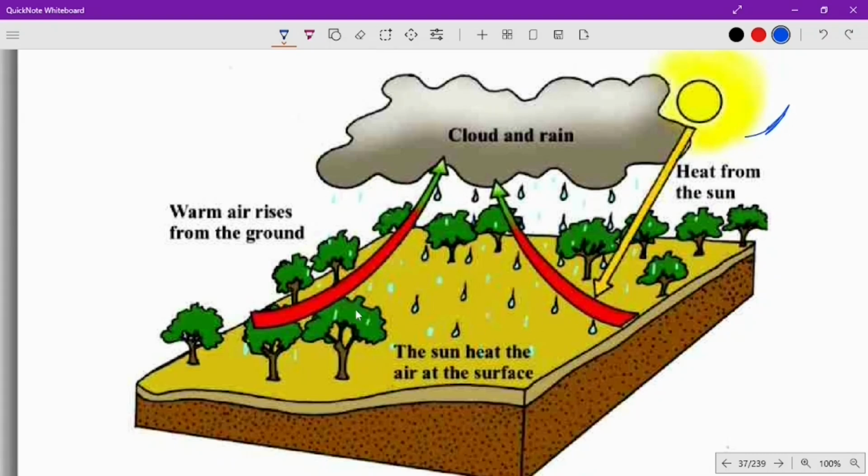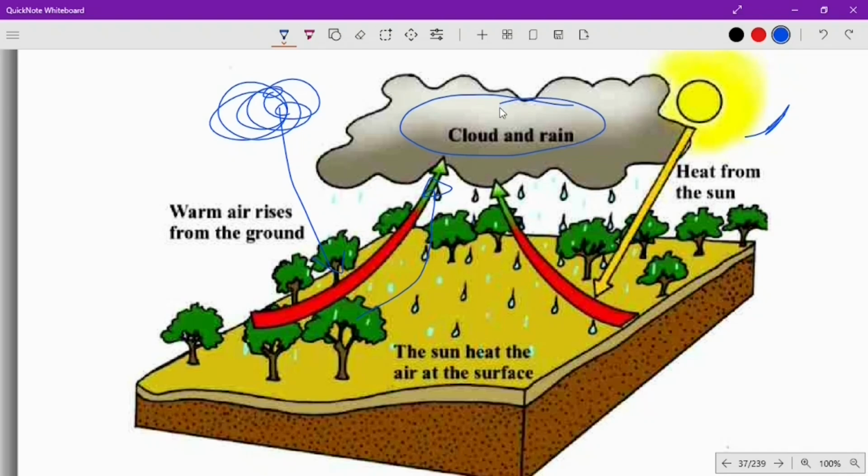When it hits the ground, all the air next to the ground becomes moist from evaporation and evapotranspiration. Now, since the air in the sky is cold, it will fall down, displace the warm air, which rises, and then condensation takes place. The clouds are formed, and eventually we get rain.